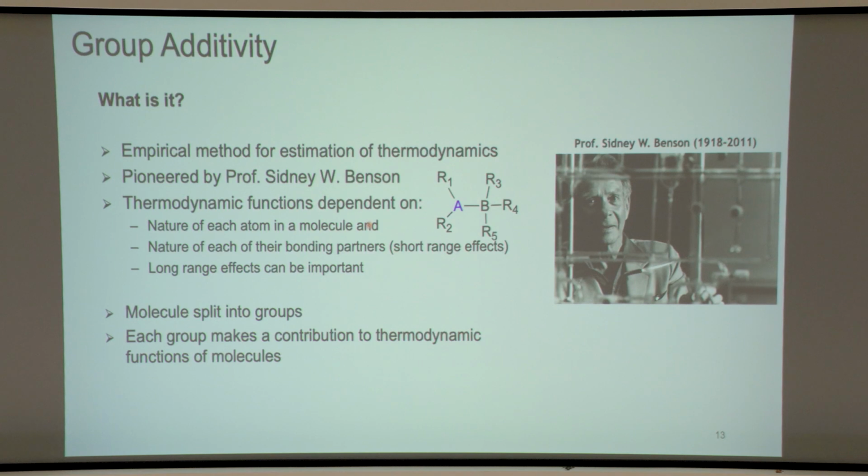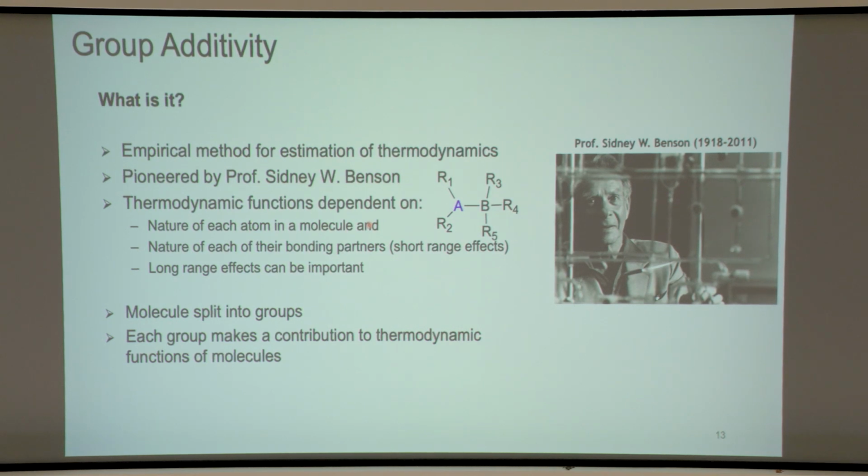Okay, so let's talk about group additivity. This was pioneered by the scientist Sidney Benson. Benson was a chemist, and in the 40s and 50s, he started to see all these reaction mechanisms being developed for complex kinetic schemes. And he said, we need thermal data. He started to think about a simple way to approximate the thermodynamic functions for a molecule.